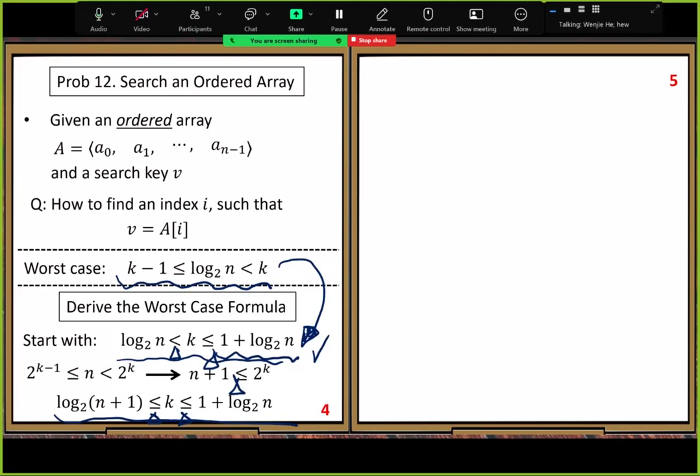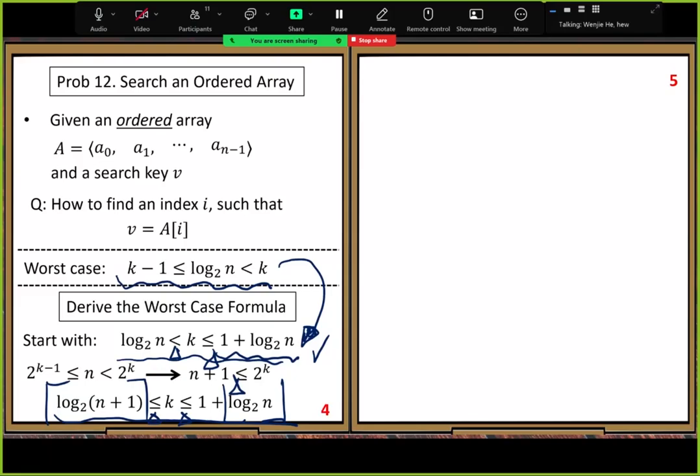So next, to describe k, we can use the ceiling function of the lower bound or the floor function of the upper bound. We have two integer expressions we can use to describe k.